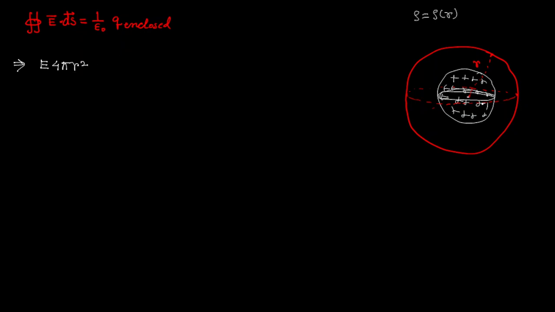Once we have checked that the charge is spherically symmetric, and drawn a spherical surface of radius r around it, we immediately replace this surface integral by E into 4 pi r square.